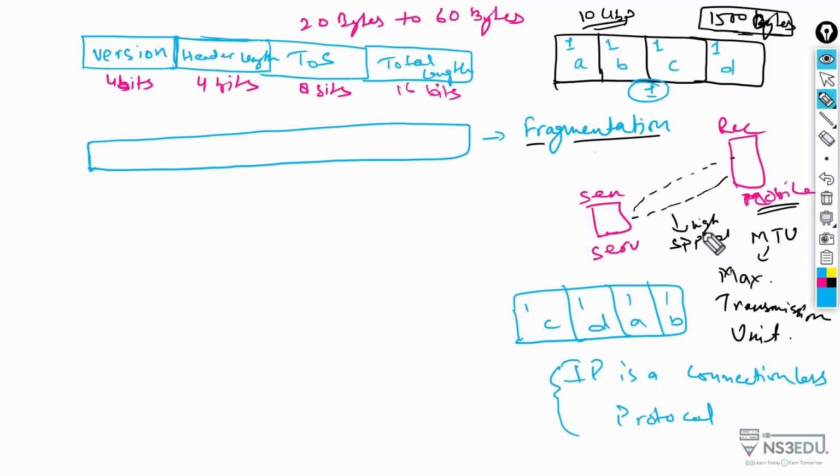The mobile will understand that C should not be here, A should be there, so it will replace the A with C. B should not be there, it should be here, so it will replace the B with D.